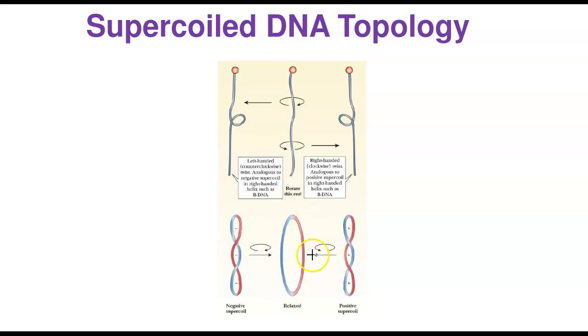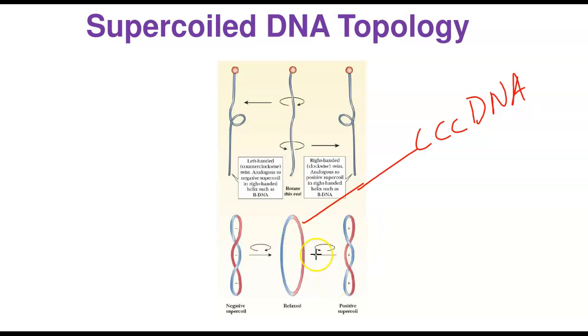So this is the relaxed DNA, the CCC DNA. Remember, it is called, like I said, the covalently closed circular DNA. Now, if you introduce a positive coil, look at what happens here.